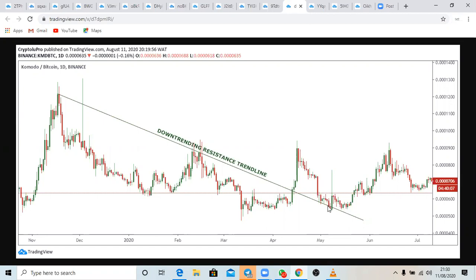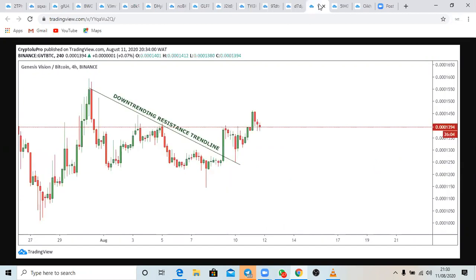Okay. What else? Now to another example. This is another example of a downtrending resistance trend line. This even happened yesterday. Was it not this morning or yesterday night that I saw this? It was yesterday night. So when price broke out after the third touch, it came back for a retest.